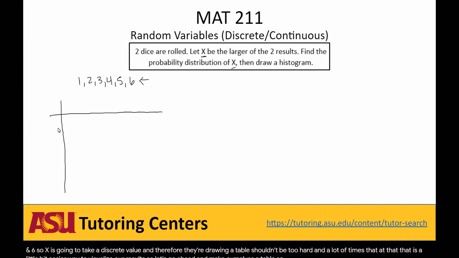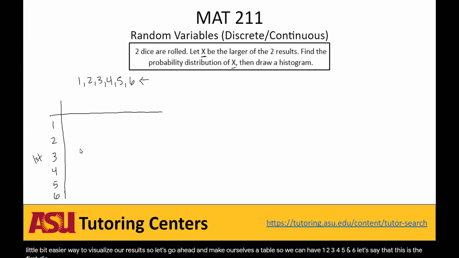So we can have 1, 2, 3, 4, 5, and 6. Let's say that this is the first die, so whatever we deem as the first die. And we can have 1, 2, 3, 4, 5, and 6 for a second die.